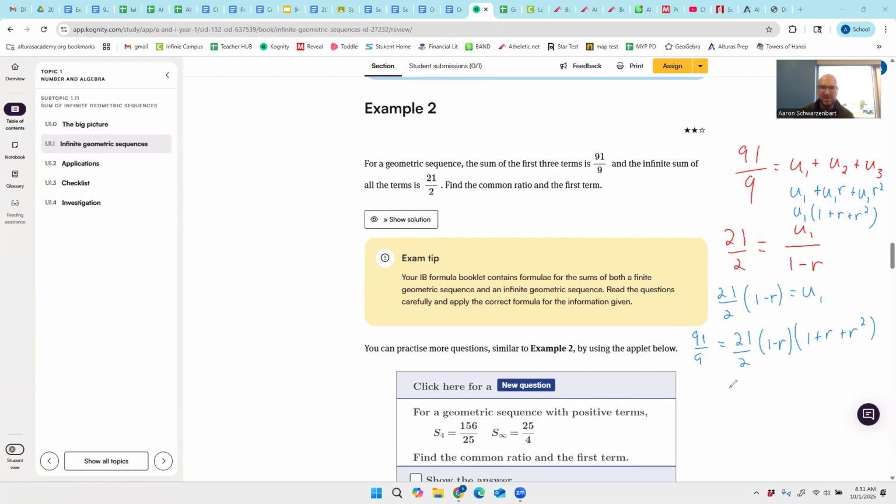And then I'm going to go to the calculator and solve by graphing. So I took this, where I factored it out and substituted in for that U1 instead of having to substitute in 3 times.